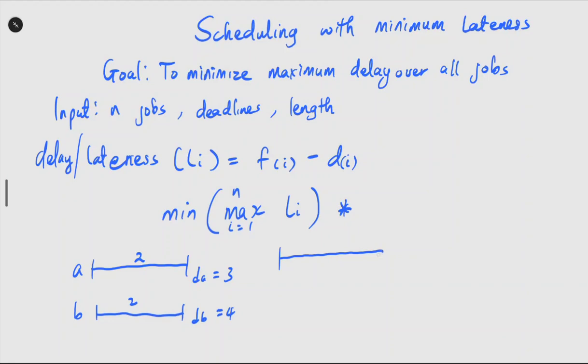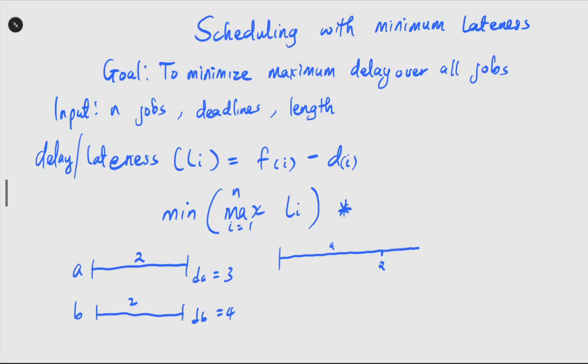We see that if we schedule these jobs, let's say this is job A at 2. Remember, it has a deadline of 3. So if we schedule job A first, which has length 2, it beats the deadline, right?